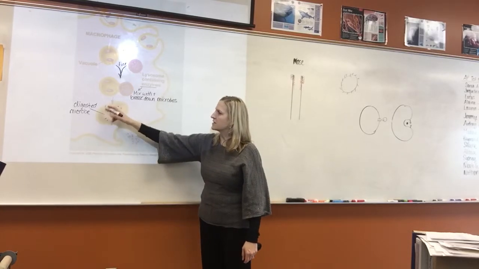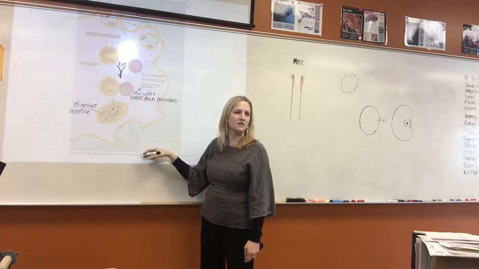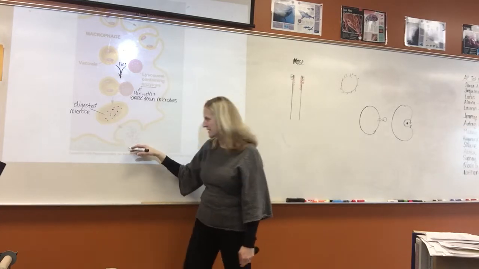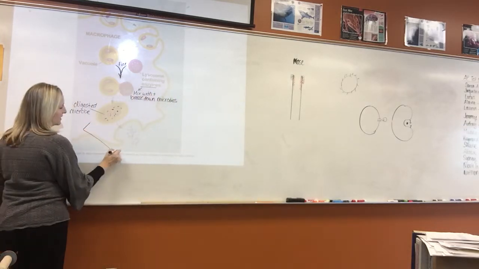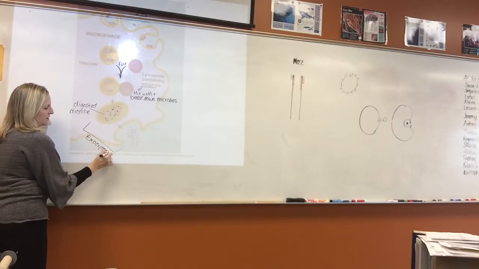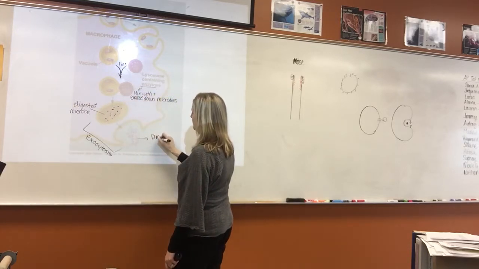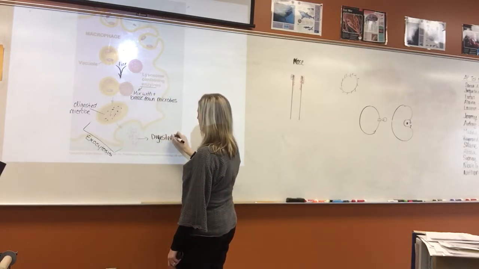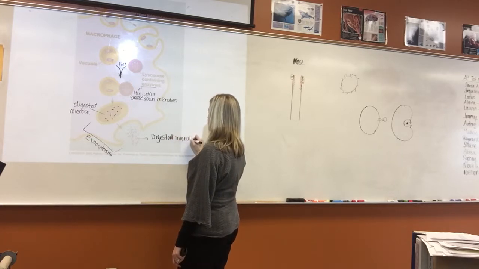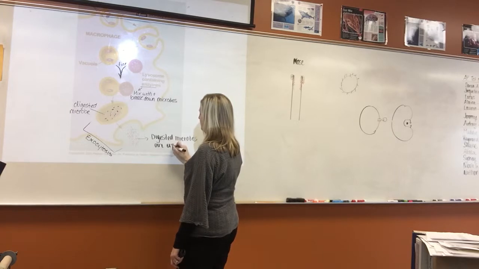So how does it do this? This vacuole here fuses with the membrane and expels it. What is this? This is exocytosis. So right here, I'm going to put that this is exocytosis. Digested microbes are expelled from the cell.